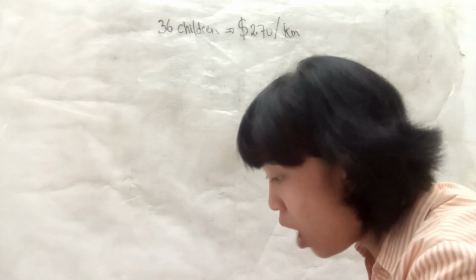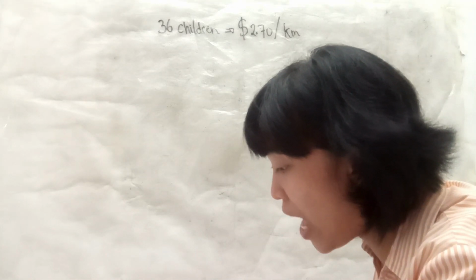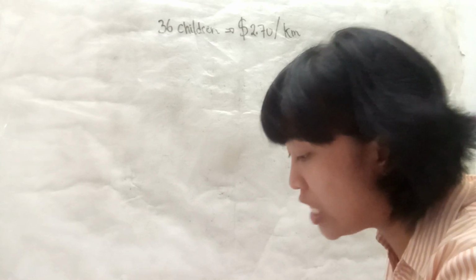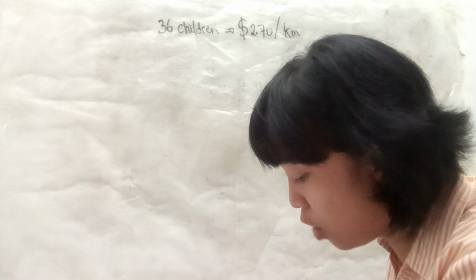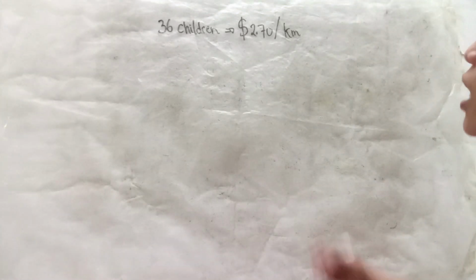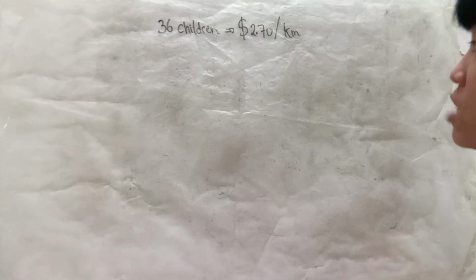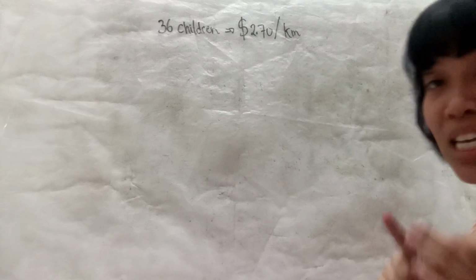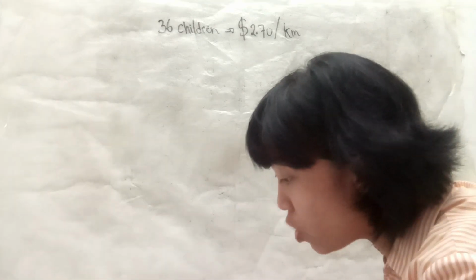And then, how much does each child have to pay if the distance traveled for the trip is 32.5 kilometers? Okay, before that, now we talk for 36 children first. $2.70 for 1 kilometer, and then they will go for 32.5 kilometers.